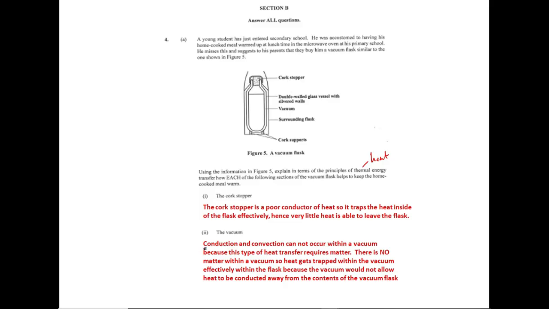However, conduction and convection cannot occur within a vacuum because this type of heat transfer requires matter. Remember, there is no matter within a vacuum, so heat gets trapped effectively within the flask because the vacuum would not allow heat to be conducted away from the contents of the vacuum flask.